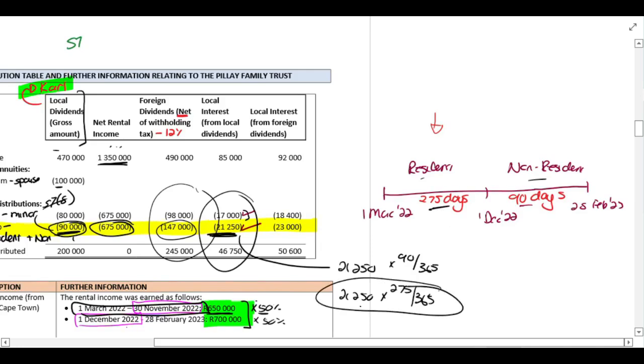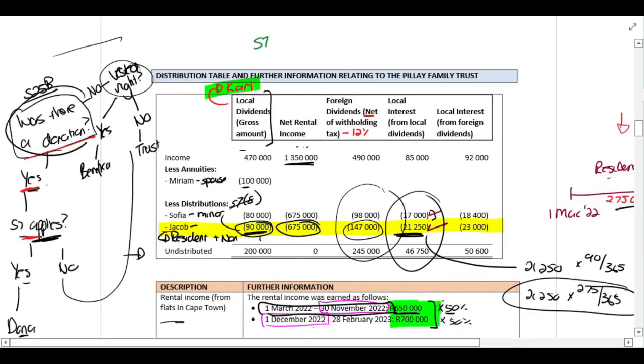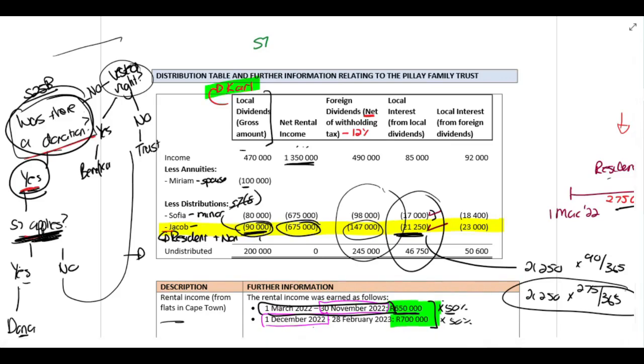This period over here is taxed in his hands in terms of section 25B, because we asked the question: is the donor alive? Yes. Does any of the section 7s apply? Well, when Jacob is a resident and he hasn't emigrated yet, none of them apply. So the beneficiary is taxed on it.